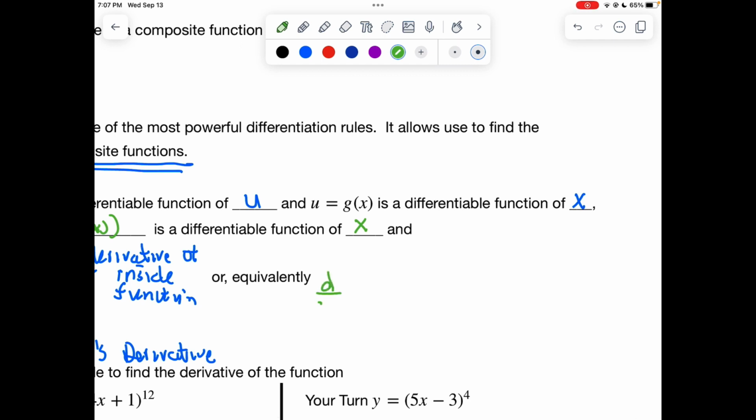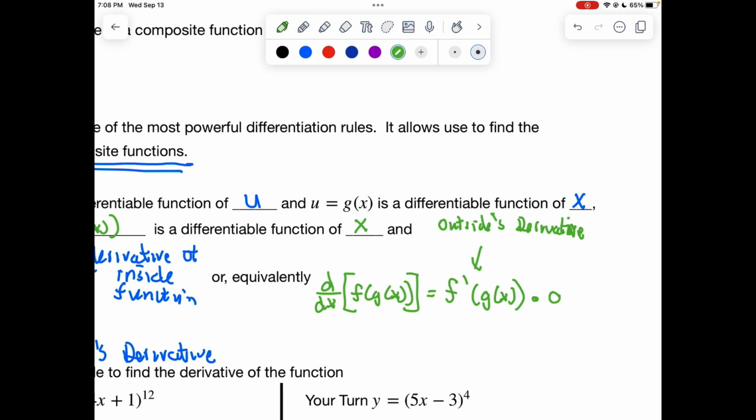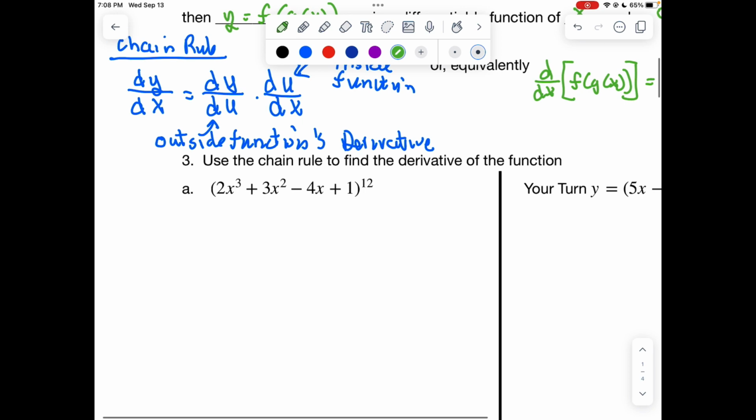The derivative of f of g of x with respect to x is equal to the derivative of f, that's our outside function, times the derivative of the inside function, or the derivative of g. And that's how you do the chain rule. So anytime you want to find the derivative of a composite function, you take the derivative of the outside times the derivative of the inside.